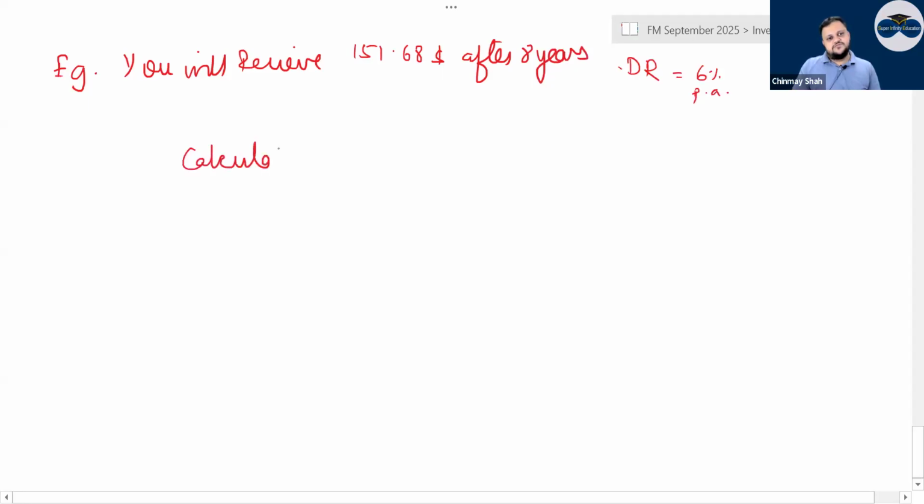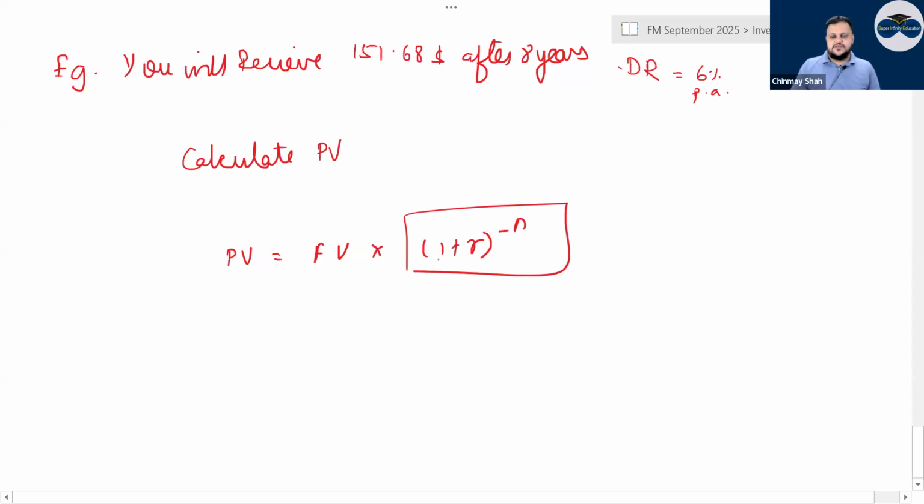Calculate present value. आराम से. Present value is equal to future value multiplied by 1 plus r raised to minus n. This is to be found out by discounting table. ऐसा लिखो. So discounting table में generally how I write this? Have a look. Is equal to future value into discounting factor लिखने का.